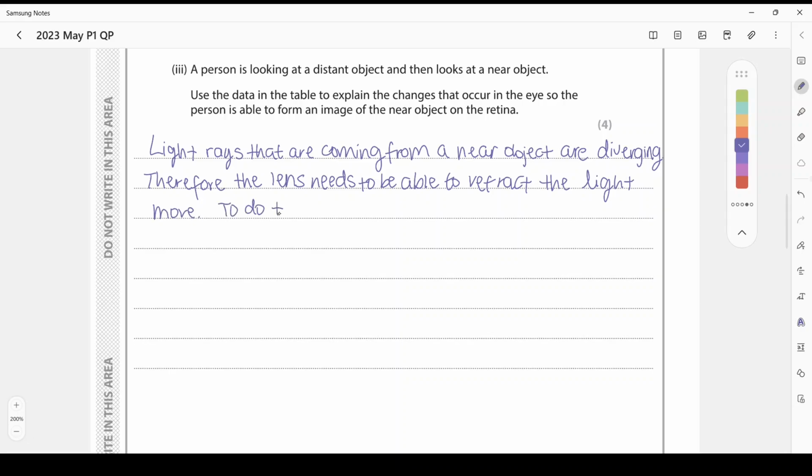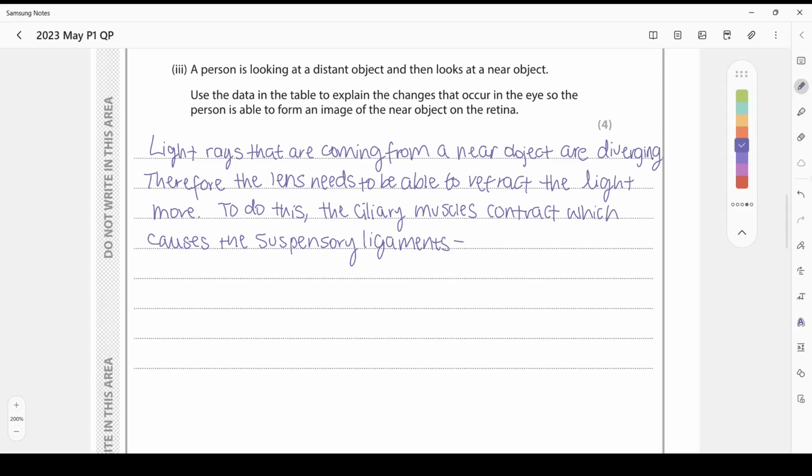To do this, the ciliary muscles contract, which causes the suspensory ligaments to slacken.